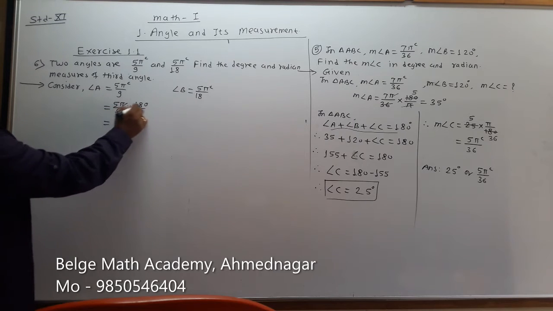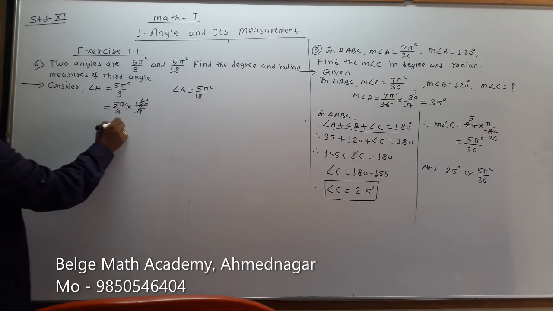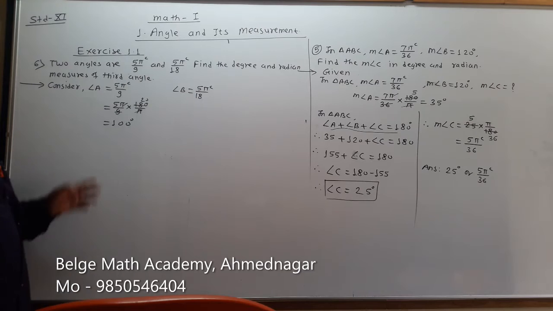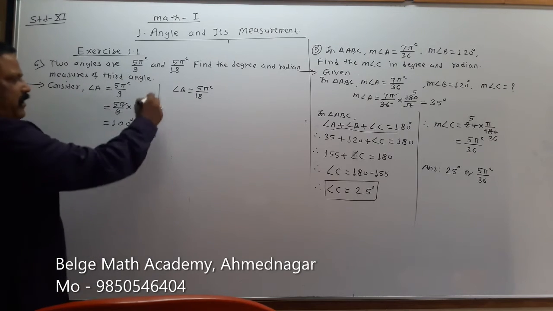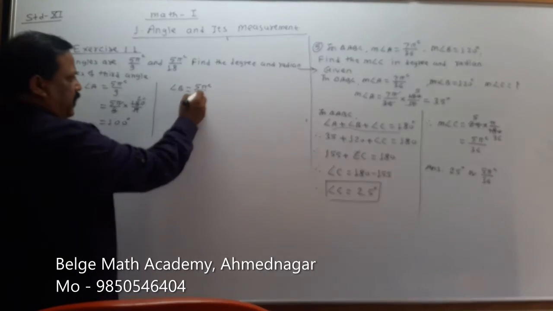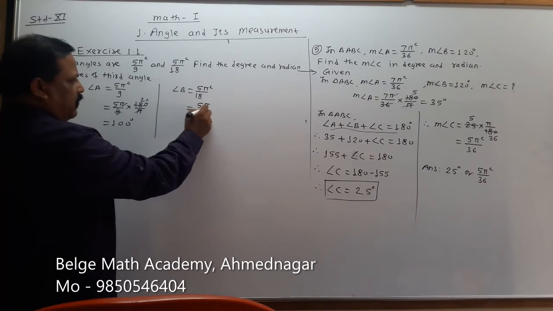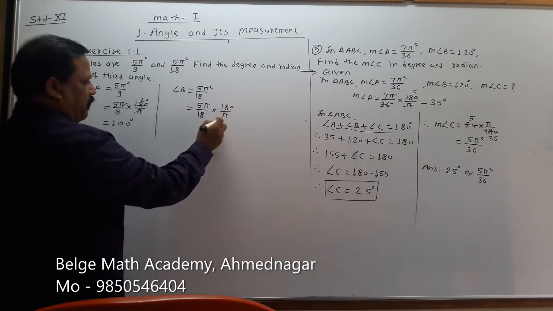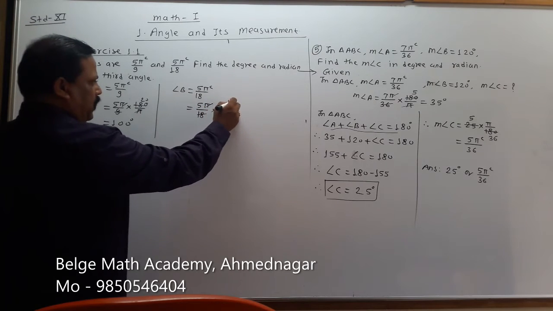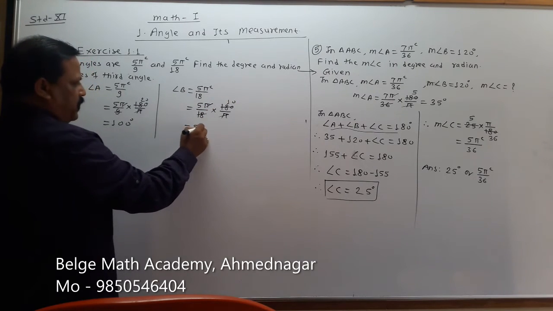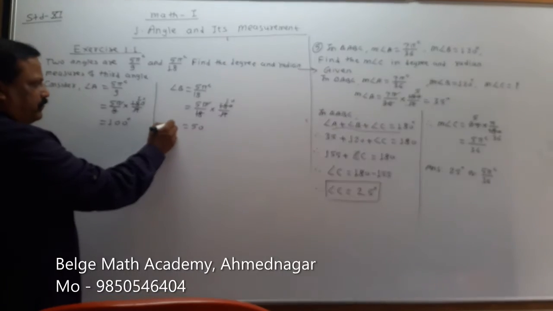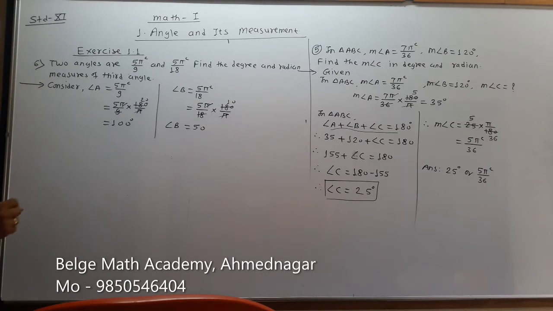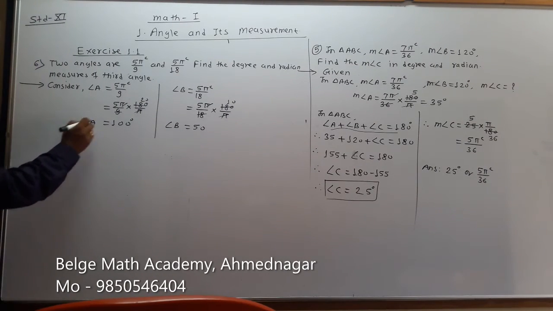Pi cancels, 9 into 20, so the multiplication easily gives 100 degrees. Similarly, this angle converted into degrees, 180 upon pi, 18 into 10, so this multiplication is 50 degrees. Angle B is 50 and angle A is 100.